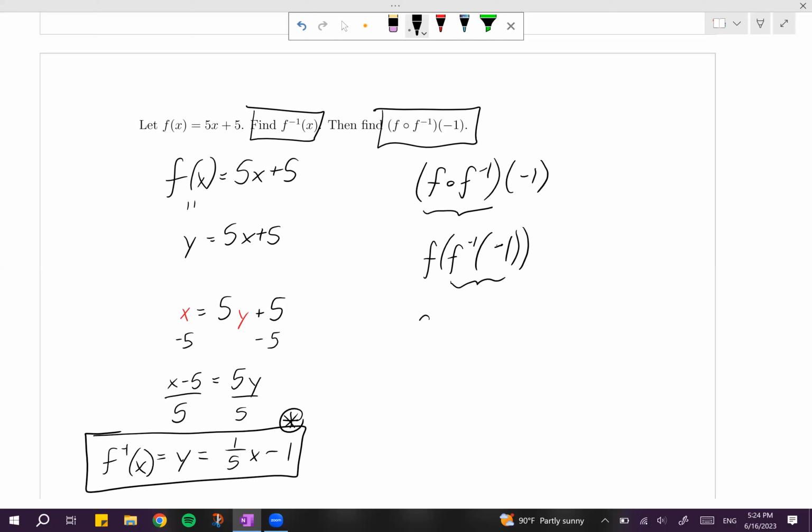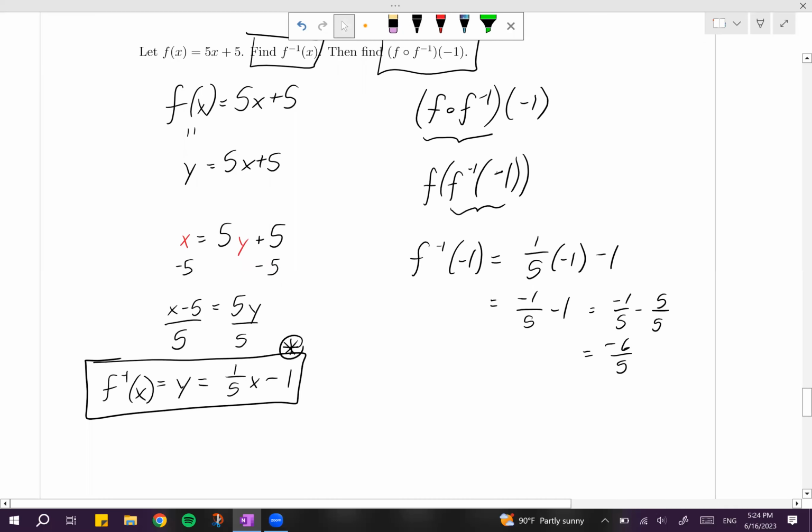So f inverse of -1 is 1/5 times -1 minus 1, which is -1/5 minus 5/5, which is -6/5. All right, so I got my f inverse of -1.